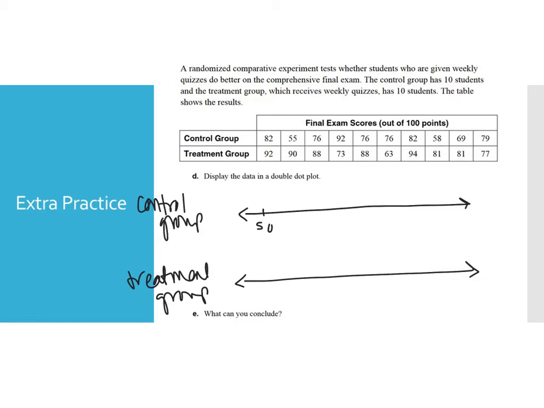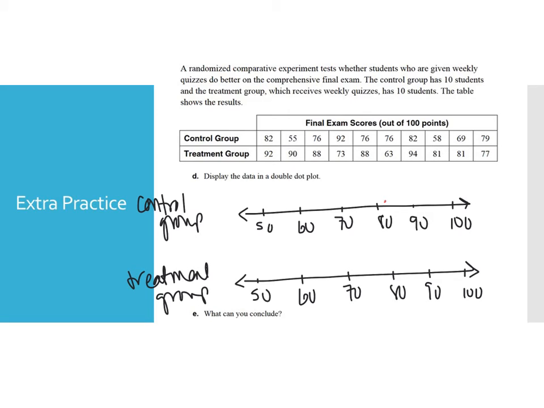So maybe I just count by tens: 50, 60, 70. And then I'm going to go ahead and do the scale for my treatment group. If you've never made a dot plot, or you haven't made one in a while, you just apply dots. The first dot I'm going to put on the control group is one at 82.